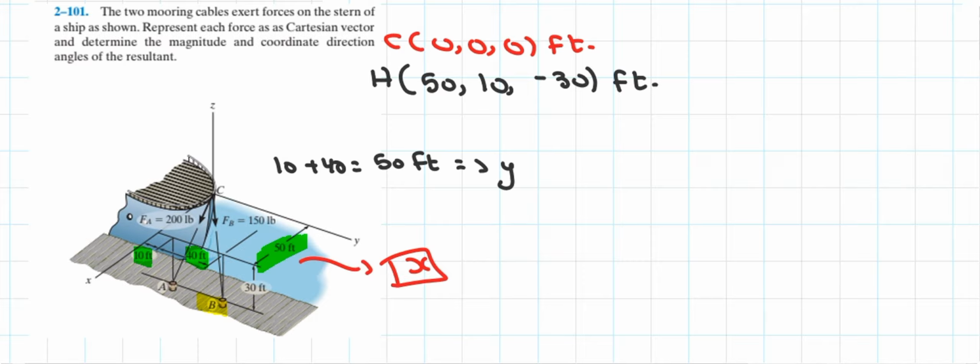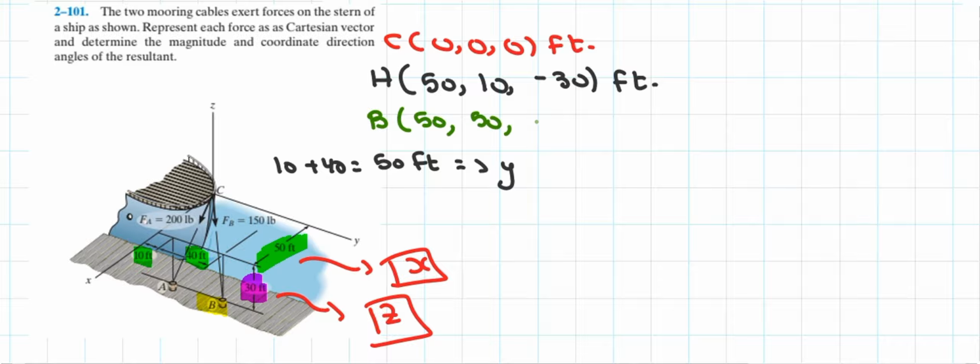And lastly, this 30-foot distance is the z value, which is negative because it is indicated vertically downward. So the location of point B is written as B (50, 50, negative 30) foot. Now, our first step is completed here, and let me erase some extra things from here.